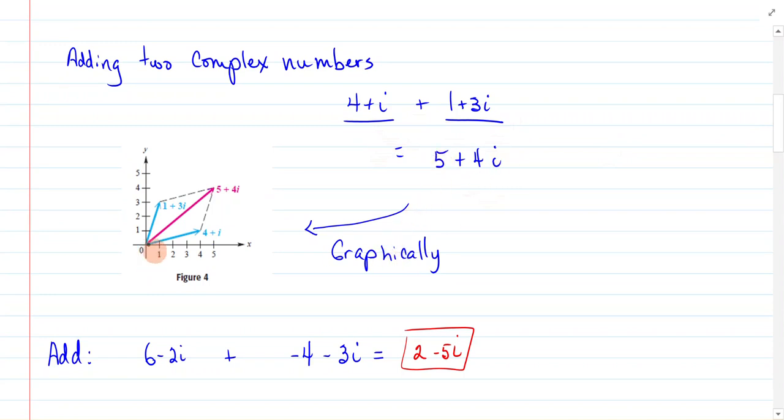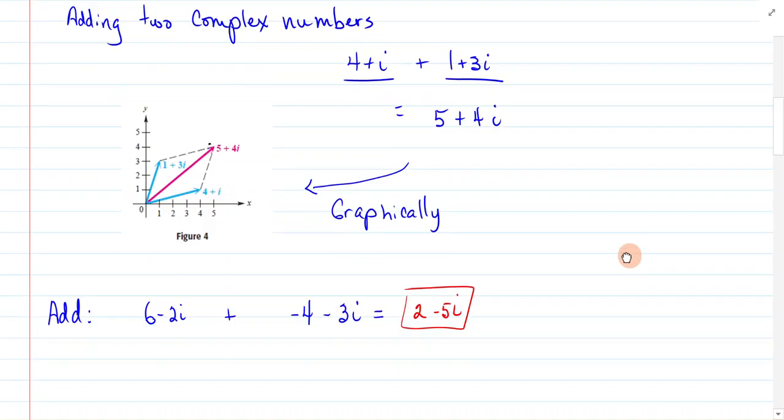Graphically, if we have 1 plus 3i, over 1 up 3, there's 1 plus 3i, that is the blue line. This one is 4 plus i. And then if you do parallel lines, so see this parallel dotted line is parallel to that blue one, this one is, and where they meet is the sum 5 plus 4i.